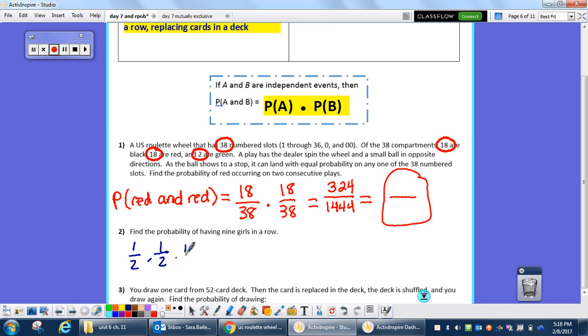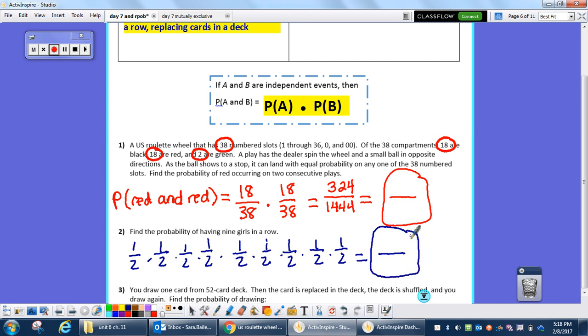And so on until you have your 9 kids. After you have your 9 kids, you're probably going to have your hands full. But just because you had 8 girls the first 8 times does not mean on your 9th child you have a higher probability of having a girl. Okay? And I will be checking your simplified answer.